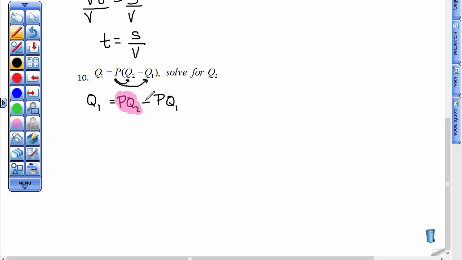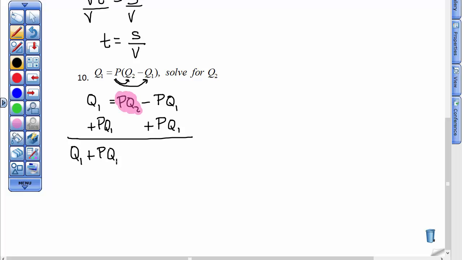Well then, I got to get rid of this right here, and right now it's a minus P Q1, so I have to add P Q1 to both sides. So I'm going to write that over here. Be careful. On the left side you have this Q1 plus the P Q1.